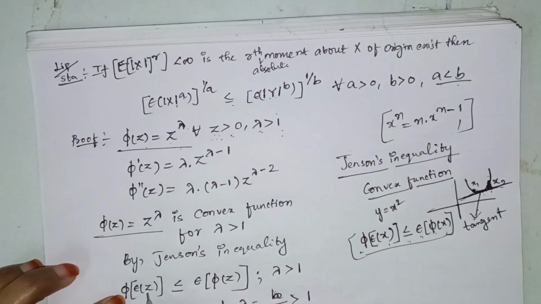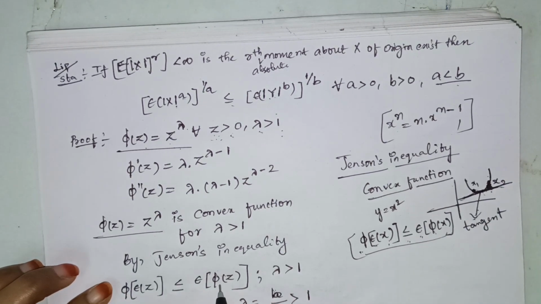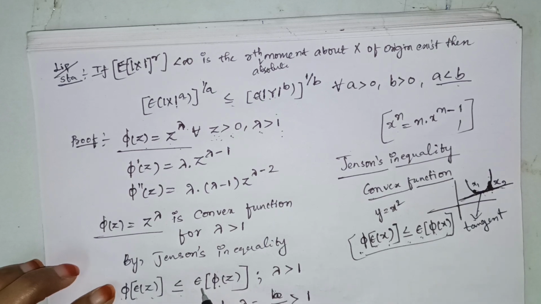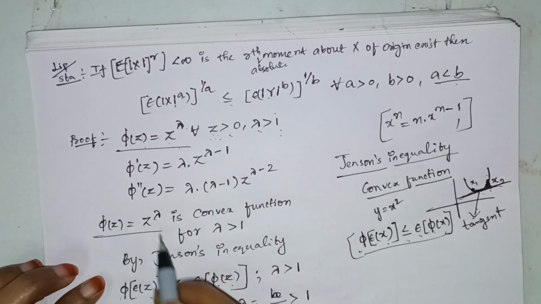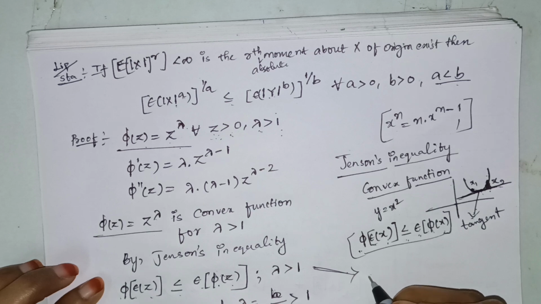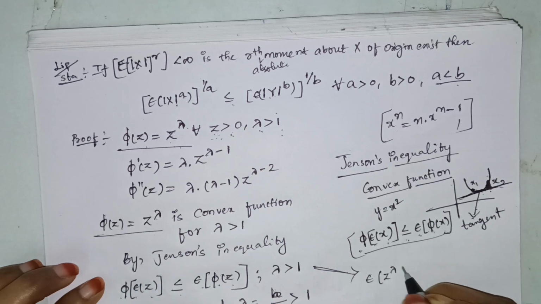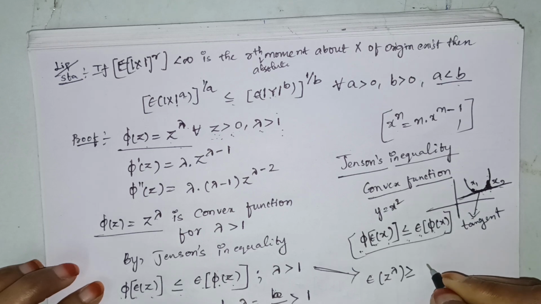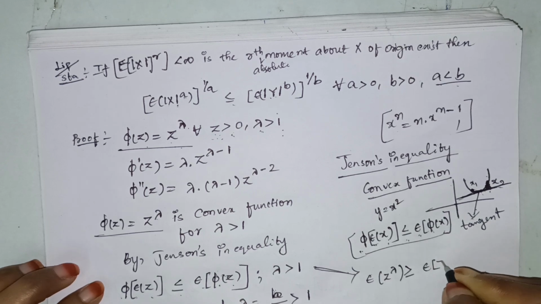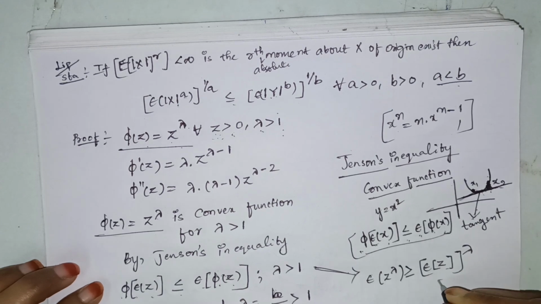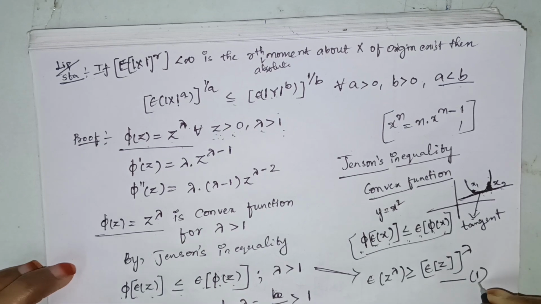Now substitute the z value. Here we have phi of expectation of z is less than or equals to expectation of phi of z. Then substitute this phi of z, and you will get expectation of z to the power of lambda is greater than or equals to expectation of z whole to the power of lambda. This is what you get. Then consider this as equation 1.